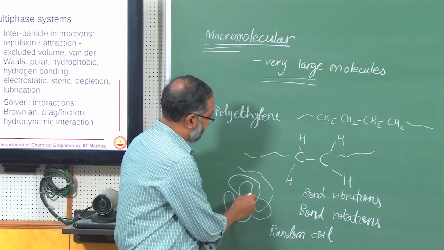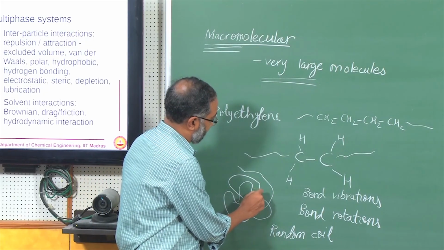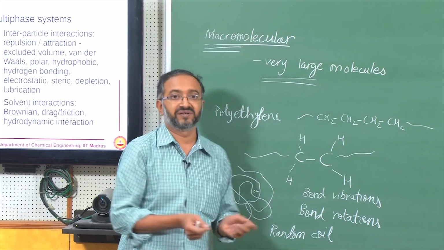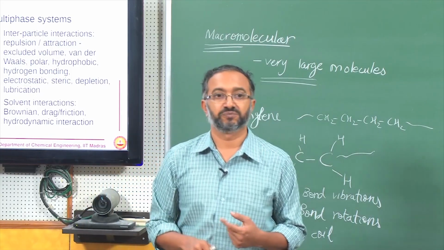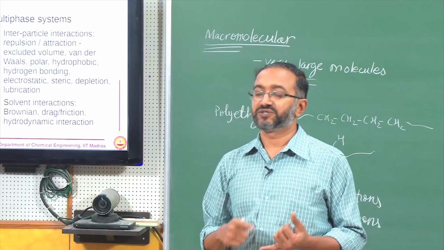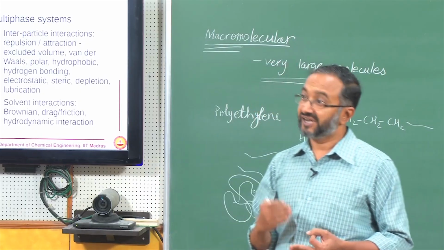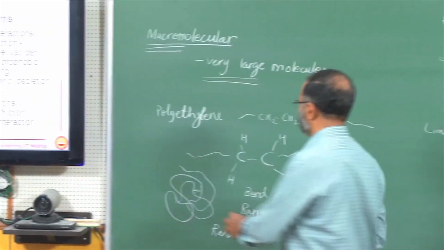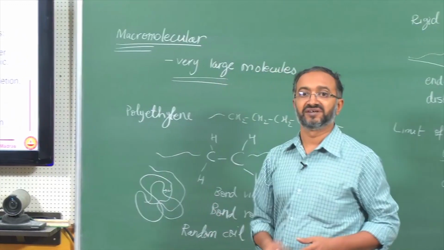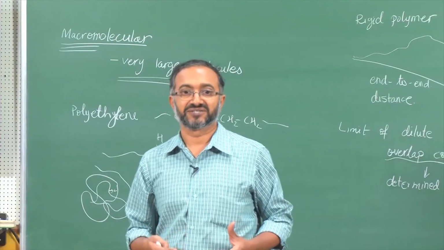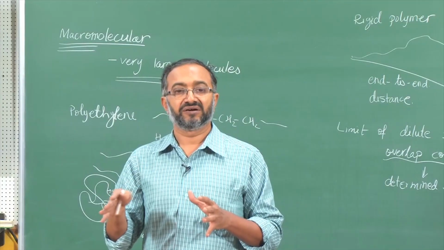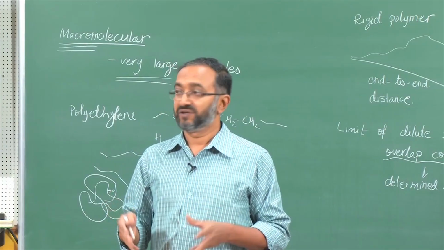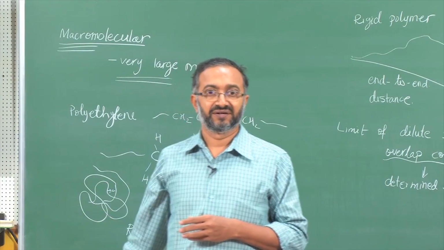So, for example, here this part of macromolecule and this part of macromolecule may have interactions. These interactions could be van der Waals interactions, could be hydrogen bonding, could be electrostatic. If let us say there is a polymer chain and it has ionic group on it, then there will be electrostatic interactions also. So, all possible modes of molecular interactions will be possible here.